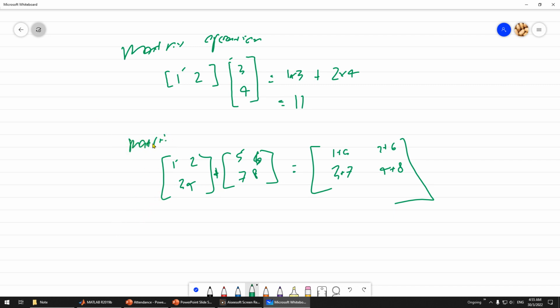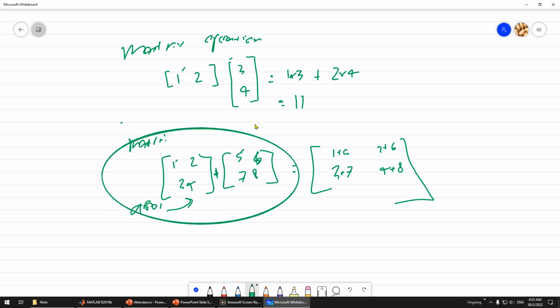For array, it is also the same. So plus and minus, I repeat, no need to worry. But for multiplication, division, and power of, that one is different.